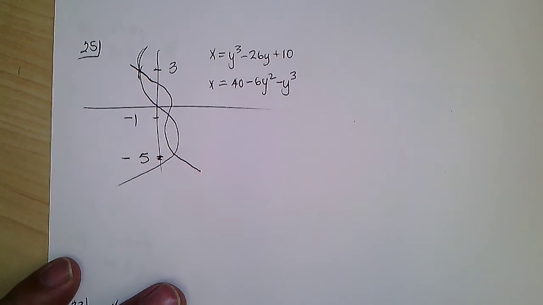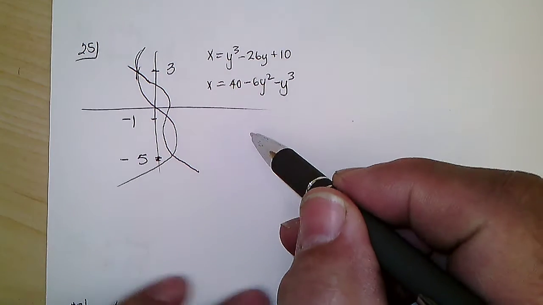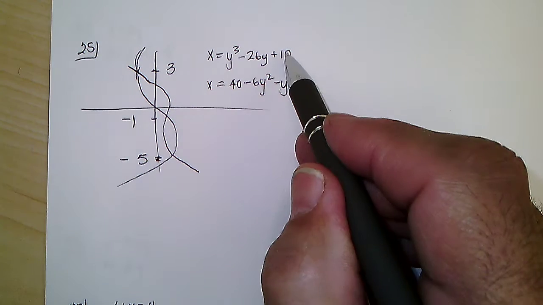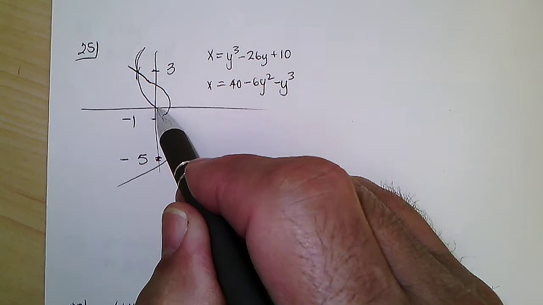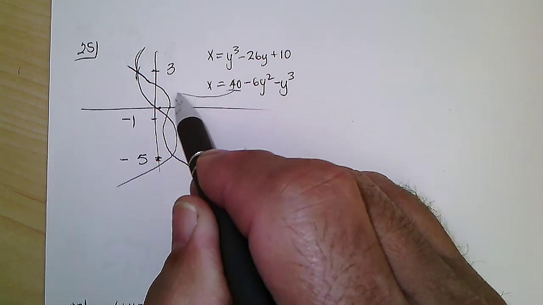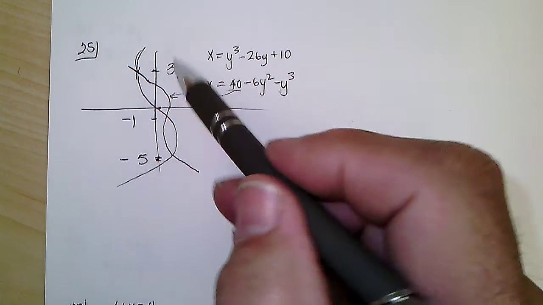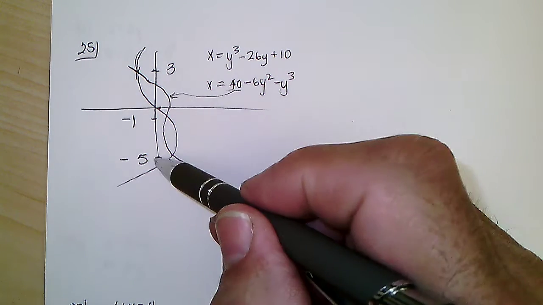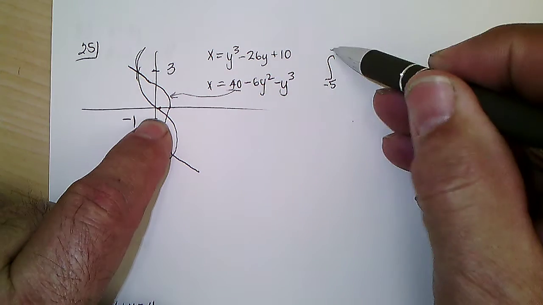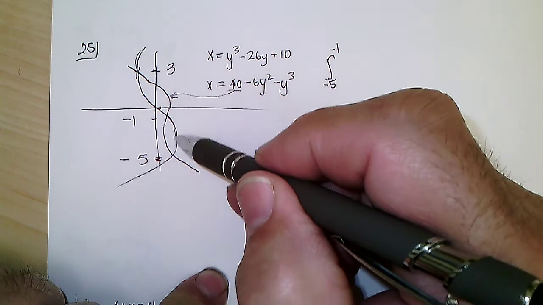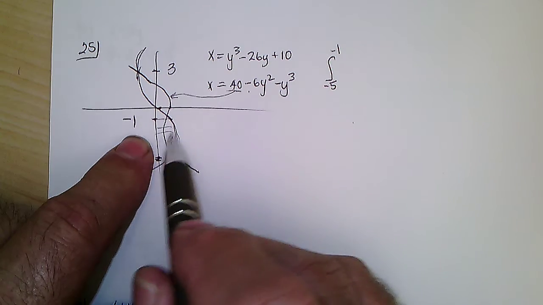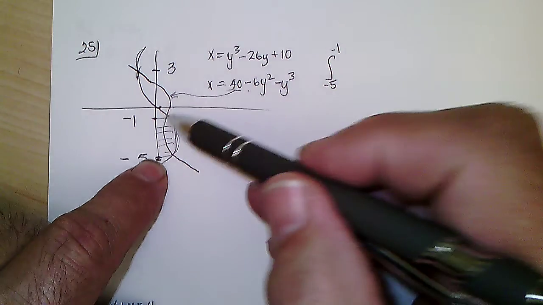Now we have this one, and they both cross here on the x-axis. One has x-intercept of 10, one has x-intercept of 40. So this one must go to this curve. So from negative 5 to negative 1, the curve that's on top is not this one. The one that's farthest away from the axis is this one.